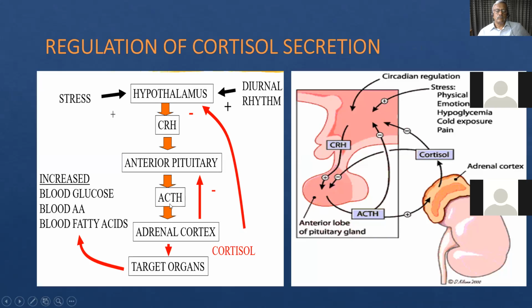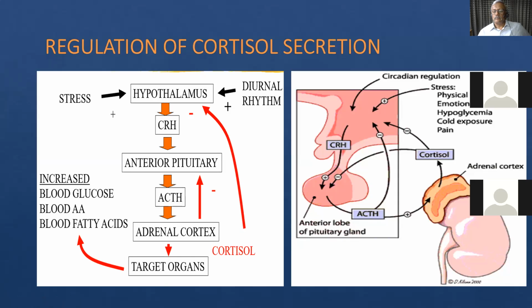ACTH acts on the adrenal cortex to produce cortisol, which acts on the target organs and produces the required effects.